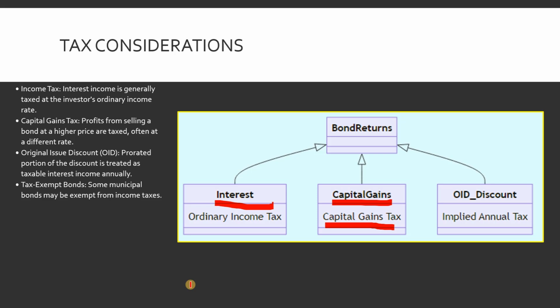It breaks down into three types. First is interest, which triggers ordinary income tax. Second is capital gains from selling the bonds, which triggers capital gains tax. And the third one is OID discount, which triggers an implied annual tax even without cash flow. Each type has a distinct tax treatment.